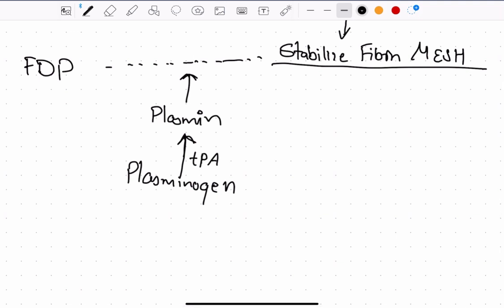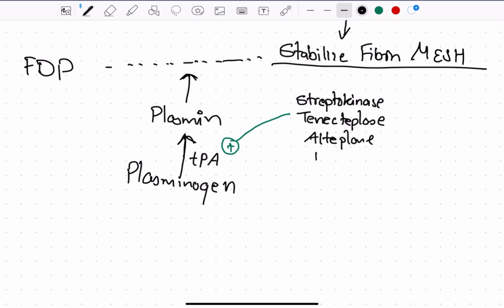This TPA is actually stimulated by certain drugs such as streptokinase, tenecteplase, alteplase, reteplase.